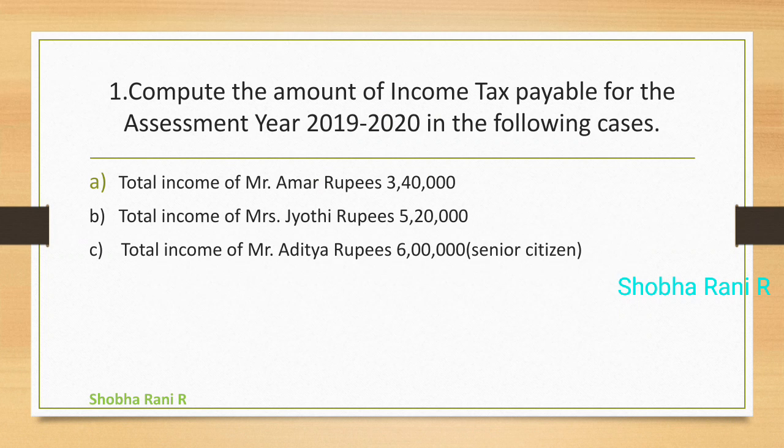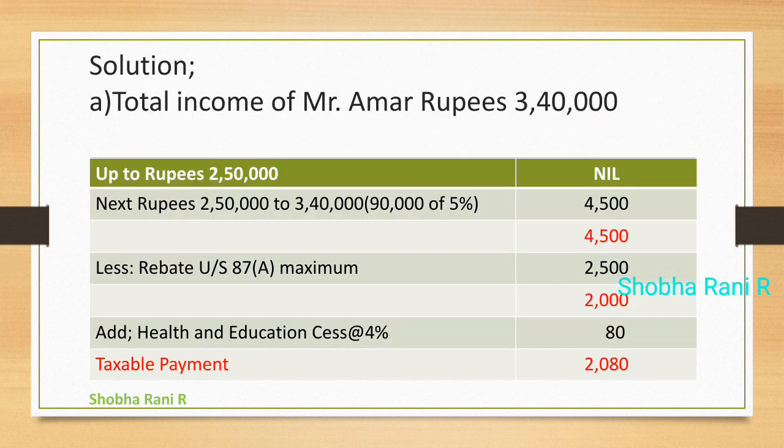In the second situation, the total income of Mrs. Jyoti is rupees 5,20,000, and in the third situation, the total income of Mr. Aditya is rupees 6 lakh, and it is clearly specified in the problem that he is a senior citizen. From the following information, we have to calculate the total tax liability of an individual.